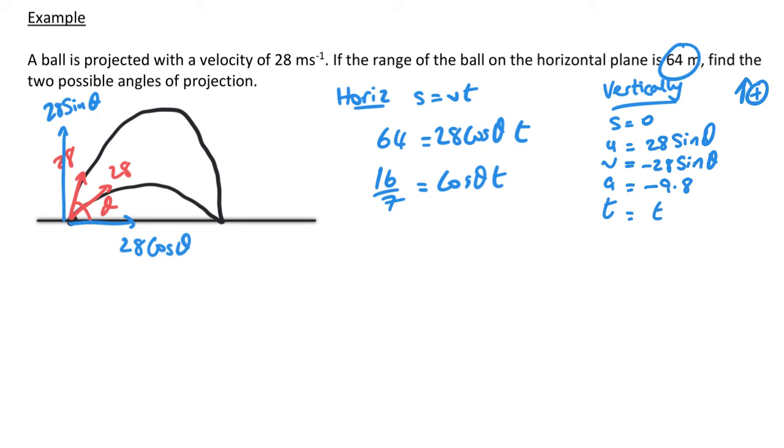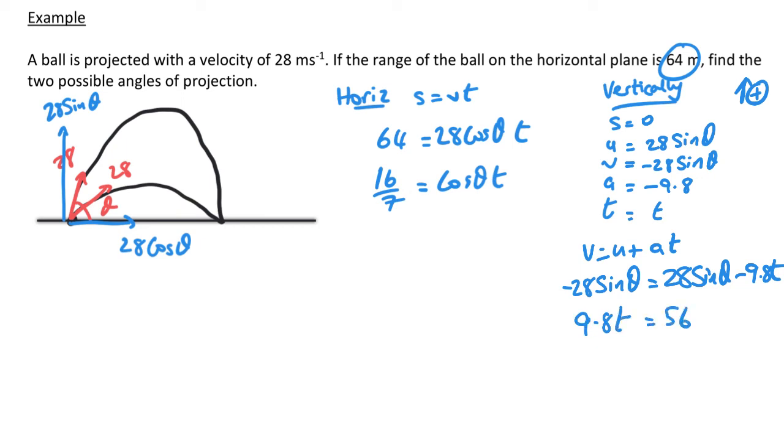So if we use v equals u plus at, we'll get minus 28 sin theta equals 28 sin theta minus 9.8t. So 9.8t then is going to be 56 sin theta.